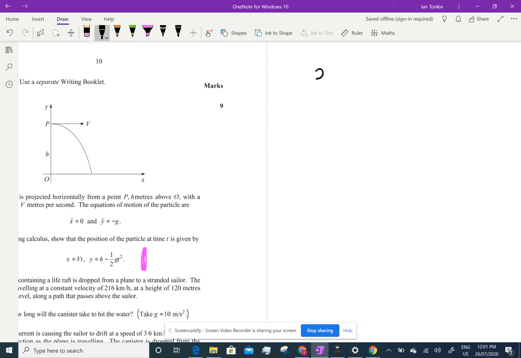So if we know that acceleration equals 0, and this is just in the horizontal, well, velocity equals the integral of 0 with respect to time. Now, the integral of 0 is going to be 0 plus a constant.